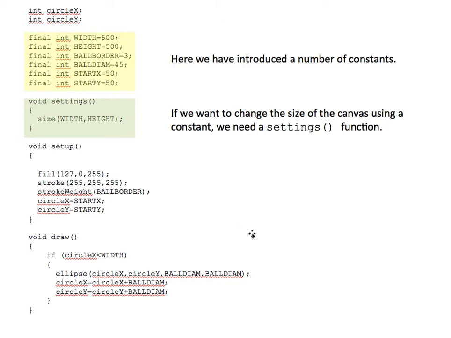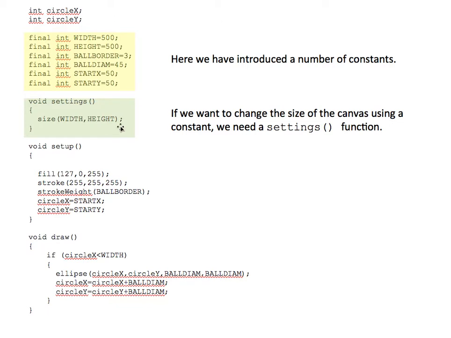So we have one each for the width and height of the canvas, one for the size of the ball's border, that is the ring of pixels around the outside. One for the ball's diameter, 45 pixels, and two for the start location of the ball. So all of these numbers previously were hard-coded into the code, and now they're separated out into these constants.